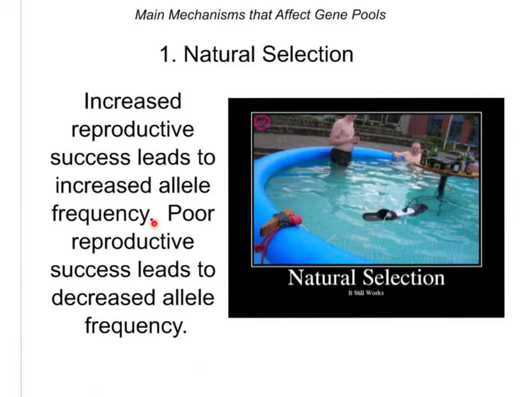Certain alleles are selected in favor of, and some may be selected against. Poor reproductive success leads to decreased allele frequency. So these individuals are going to have poor reproductive success and will have a decrease in their allele frequencies in the gene pool and in the population at large.